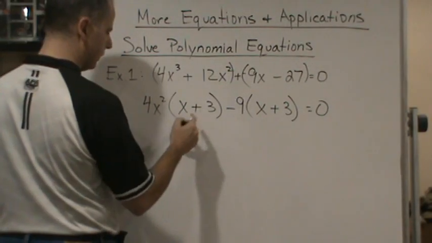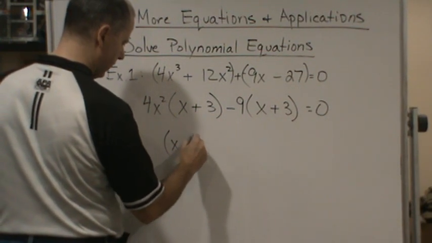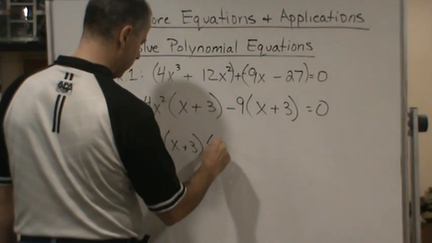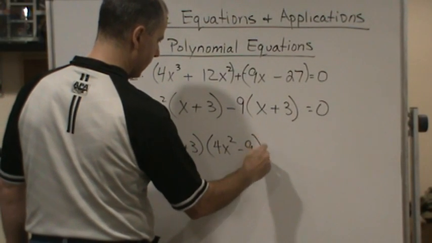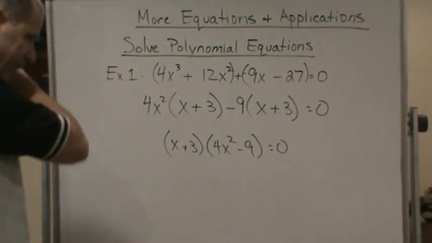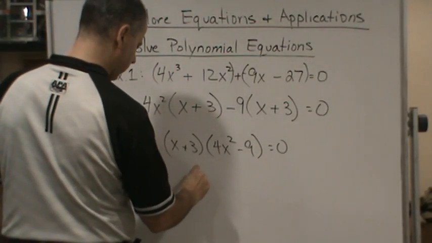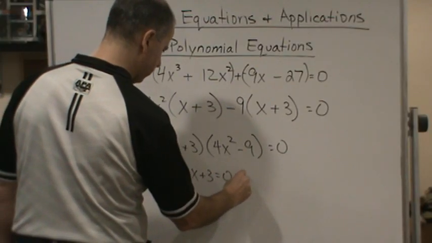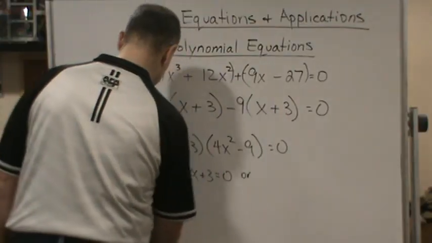Now we're going to factor out the x plus 3, so that's going to be pulled out. And then what's left over are the other two. So 4x squared minus 9 equals 0. And now we can solve this for either x plus 3 equals 0 or, oh, hold on, we're not done yet.